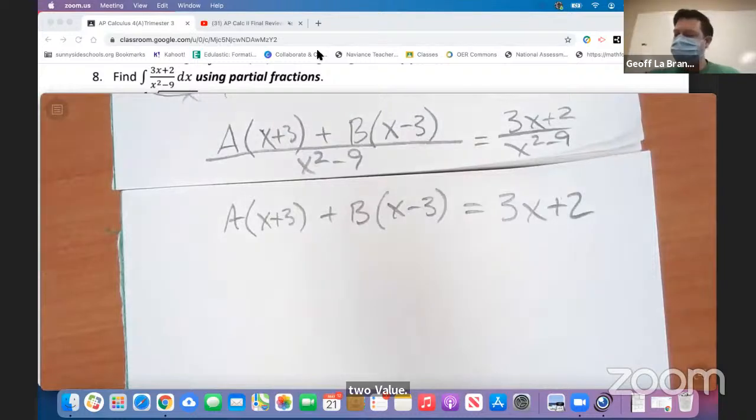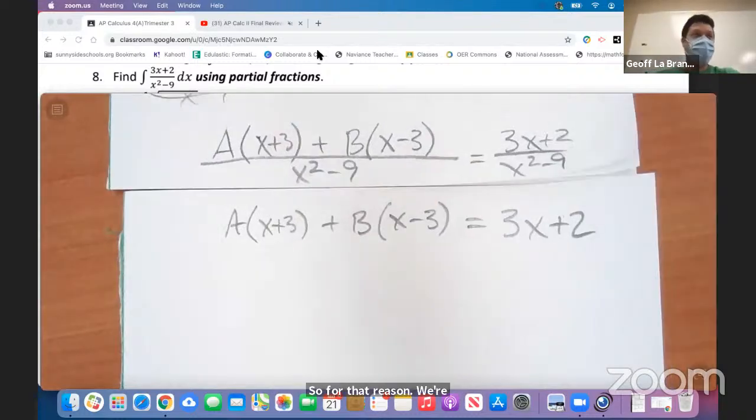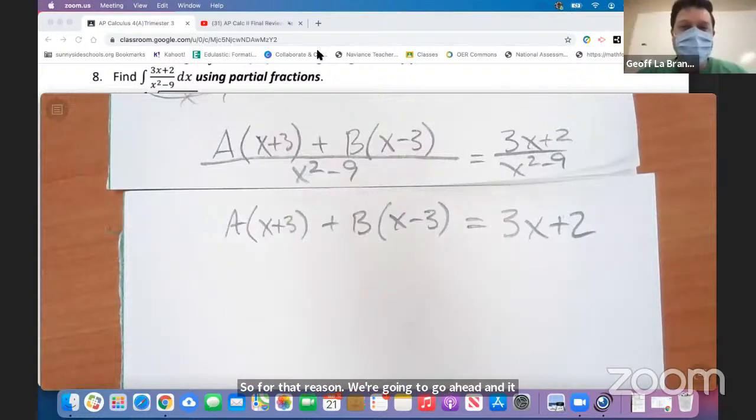So for that reason, we're going to ignore the denominator, or just acknowledge that it exists, but it's not a factor in our calculation any longer. It sets up the equality, both sides of the equation being equal.